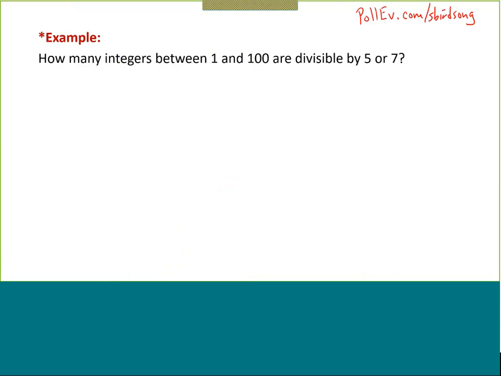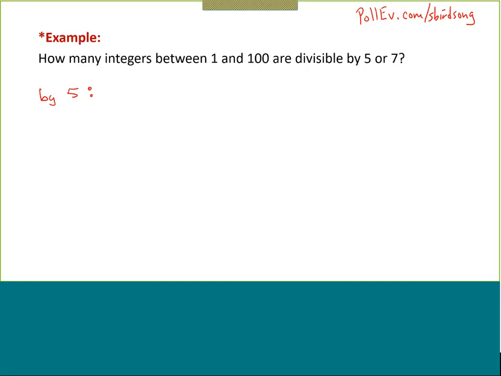So if we're looking at only the integers between 1 and 100, so include 1, include 100, so integers 1 through 100 would be better. And we want to know if they're divisible by either 5 or 7. So if you wanted to know if they were divisible just by 5, any guesses what you would do? You've got your numbers from 1 to 100, and you want to know how many of them are divisible by 5.